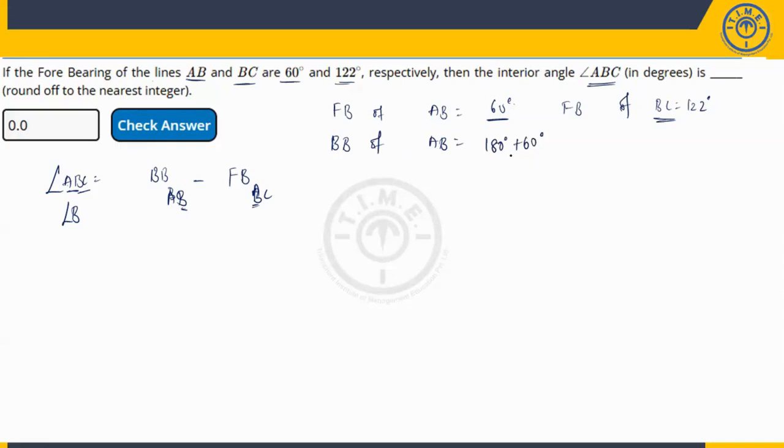Back bearing is 180 plus theta, if theta is less than 180. So that is 240 degrees. We got the back bearing 240 degrees minus the forebearing of BC, 122 degrees. That gives you 118 degrees. Angle ABC is 118 degrees.